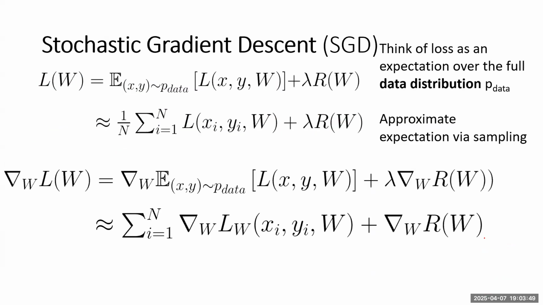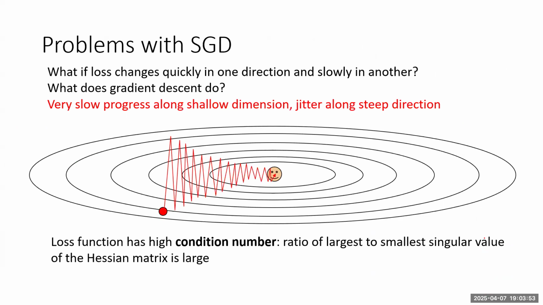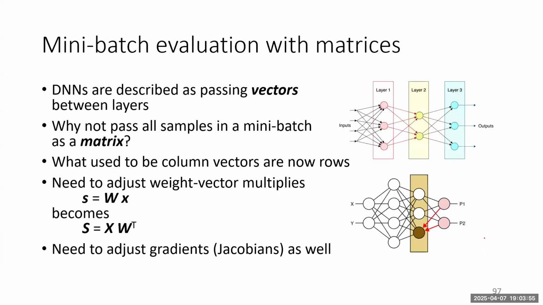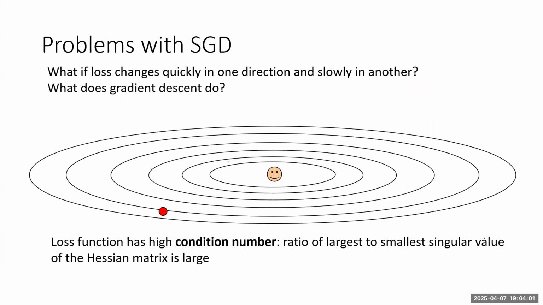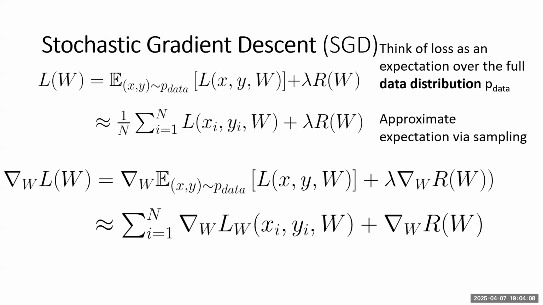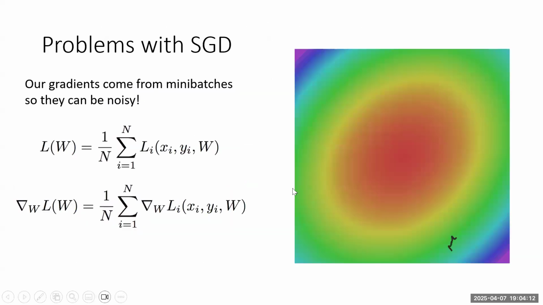So in this case, if you want to compare the performance of the gradient descent compared to stochastic gradient descent, I want to show you a small video. This is the stochastic gradient descent.